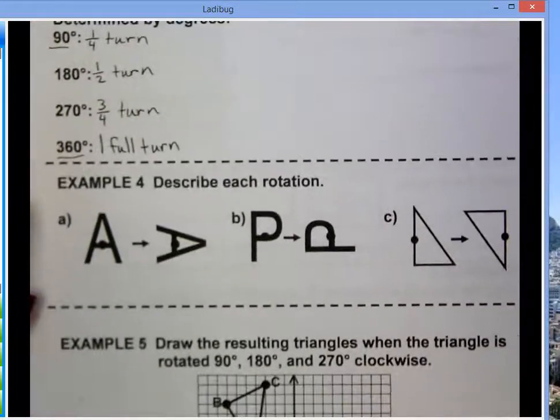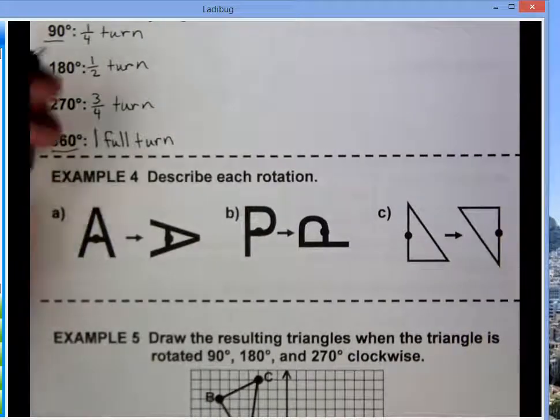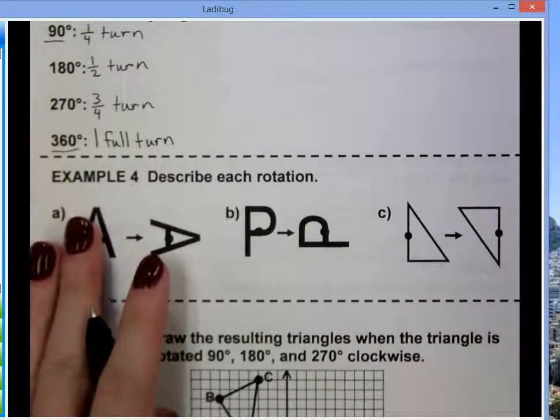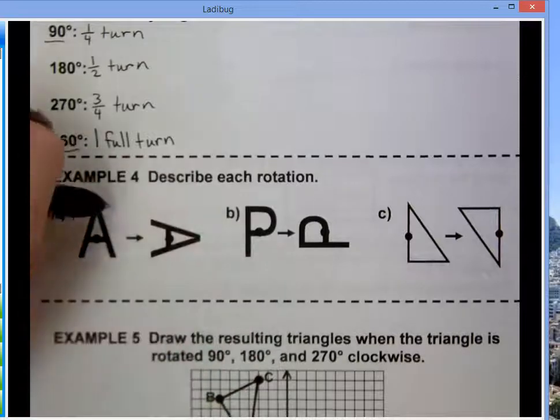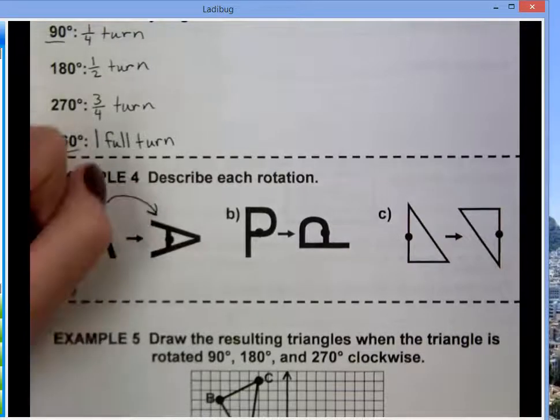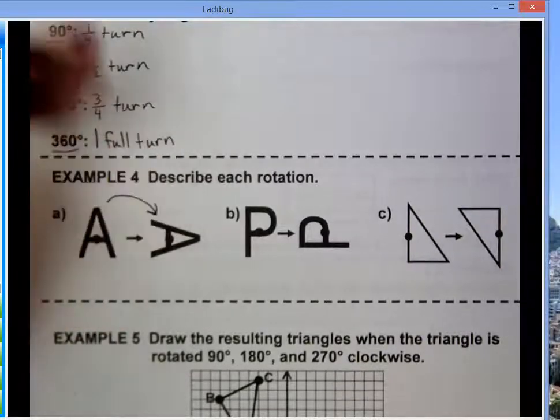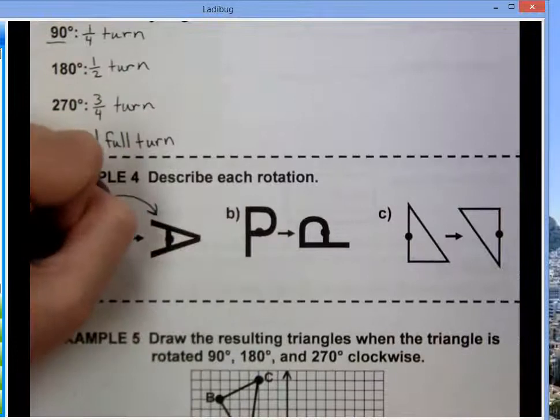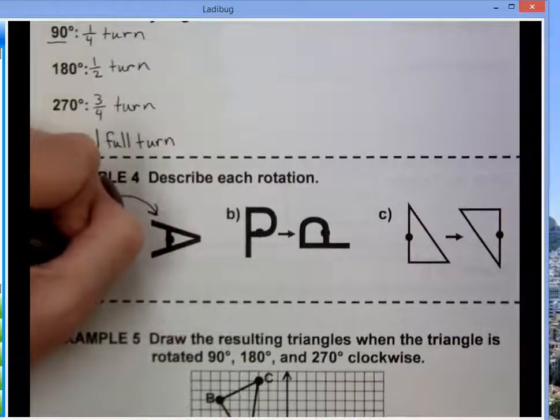Let's describe these rotations. Alright, so this A is straight up, and then it turns to the side. So it goes this way. Alright, so if we are talking about it turning to the side, it would be 90 degrees clockwise.